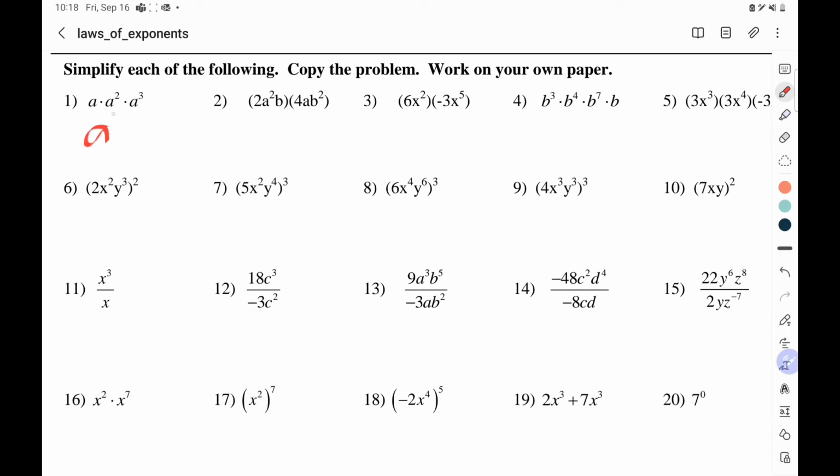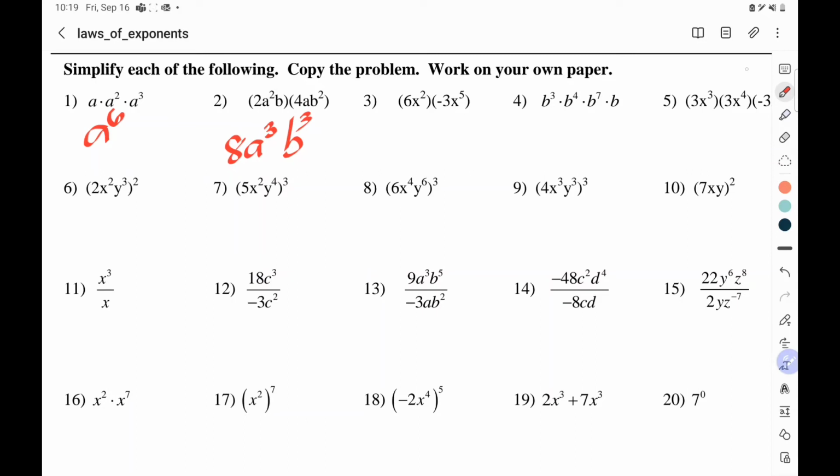That becomes a to the power of 5. For number 2, we multiply only the coefficient by coefficient. That means 2 times 4 is 8, and a squared times a becomes a to the power of 3, and b times b squared is equal to b to the power of 3. That's basically your final answer for number 2.